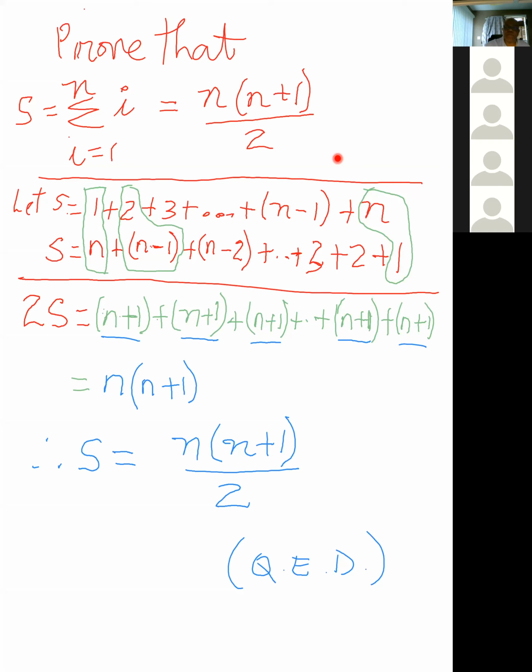Taking those terms, the first term, I add them, I get n plus 1. When I look at the second term and I add them, n minus 1 plus 2 is equal to n plus 1. n minus 2 plus 3 is equal to n plus 1. All right, thank you so much.